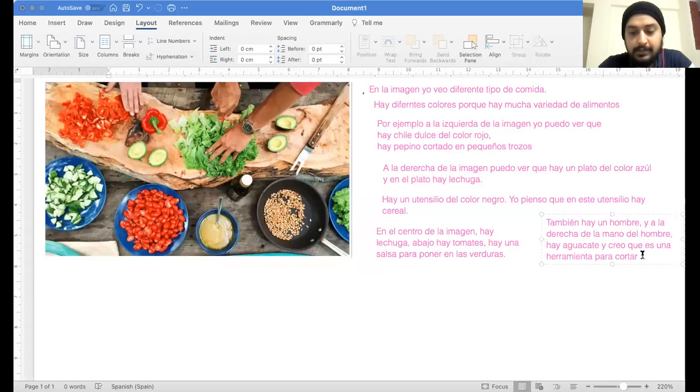Okay, so you can also say se llama cuchillo. And this element that you can see is a dressing, right? So you can say en el centro hay aderezo, that is called the dressing.